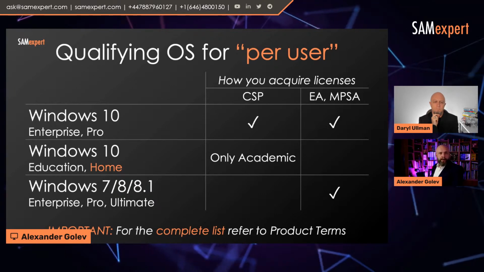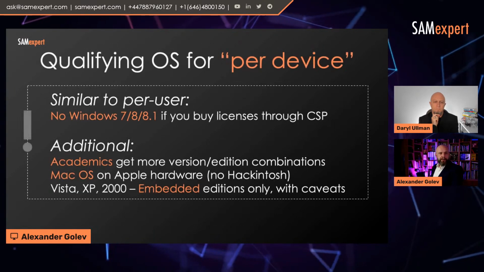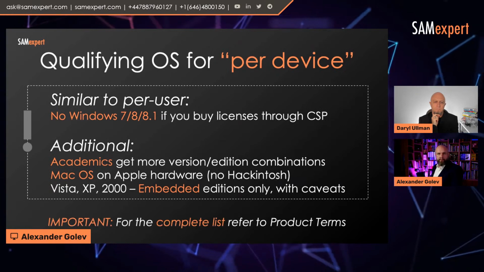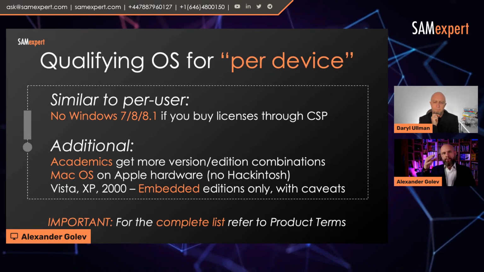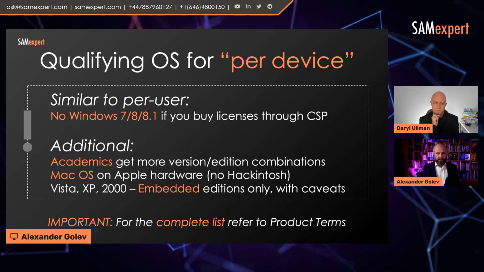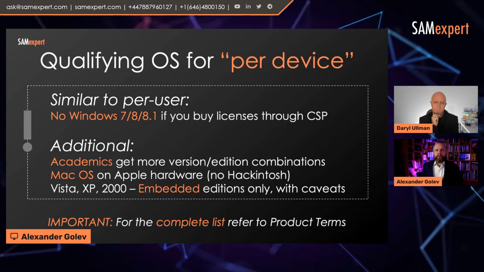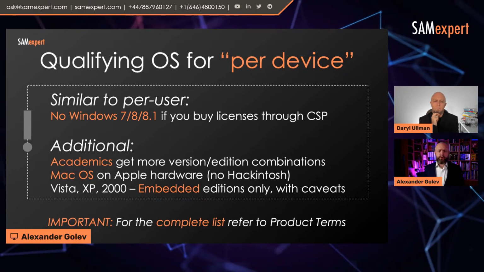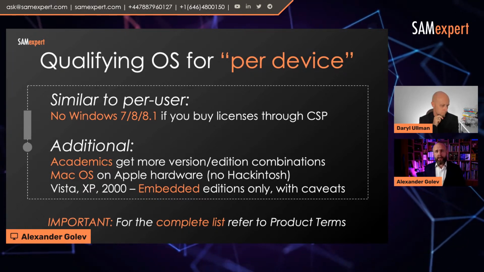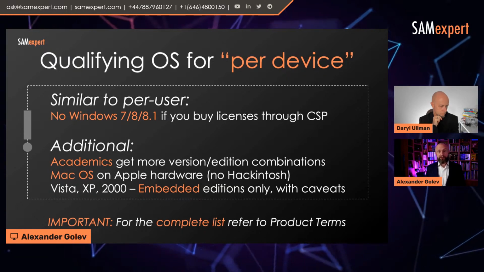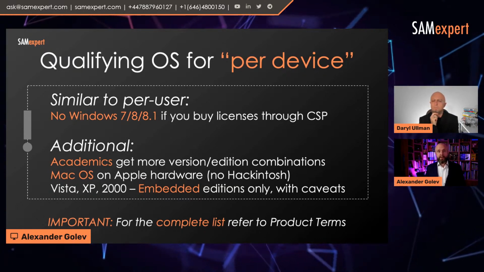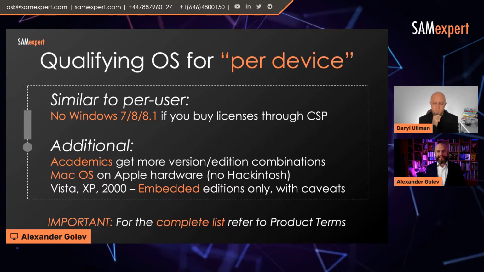Right. So, with per device, I didn't even bother copying because there are 4 pages of various qualifying operating systems, but there are main points that I can easily explain on one slide. Similar to per user, if you buy a license through CSP, you may only upgrade to per device Windows E3/E5 through CSP only from Windows 10.